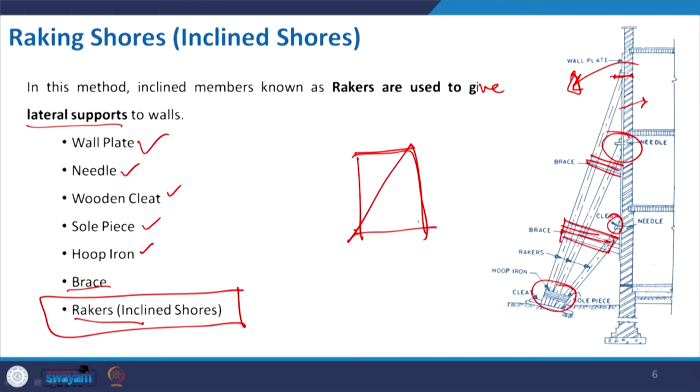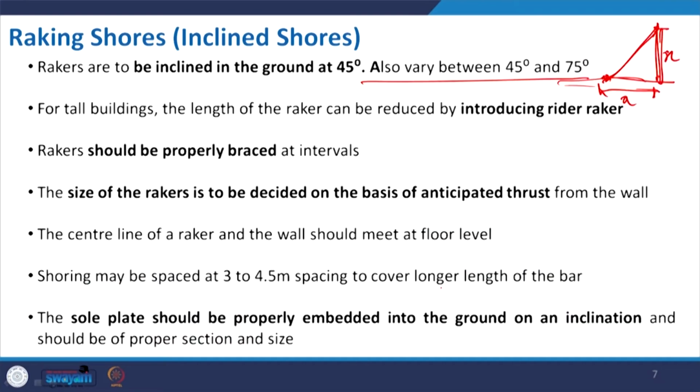In this case, you can imagine that this portion may be at 45, but the others are not, because if it were to be 45 degrees, then this would go up to this level or something. In that case we can introduce the rider racker. The rider racker is used when you need to change the inclination.